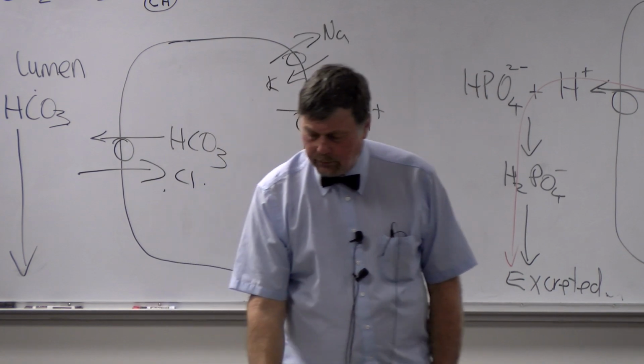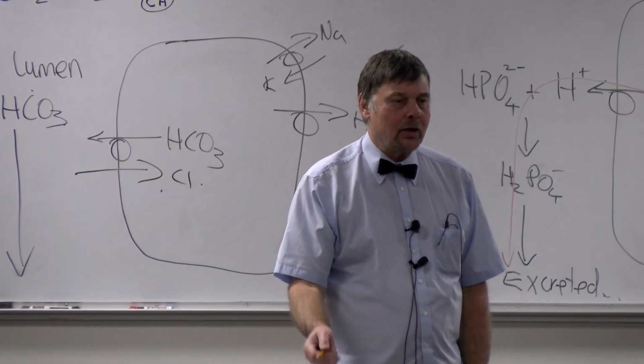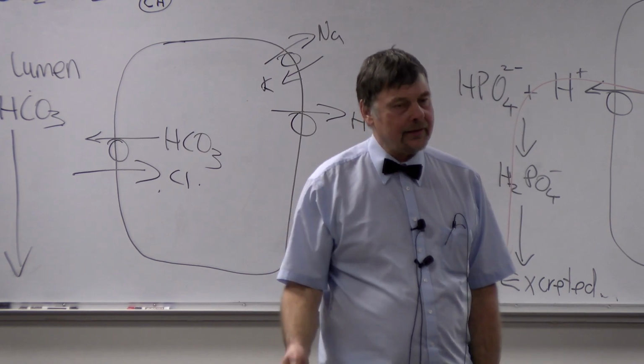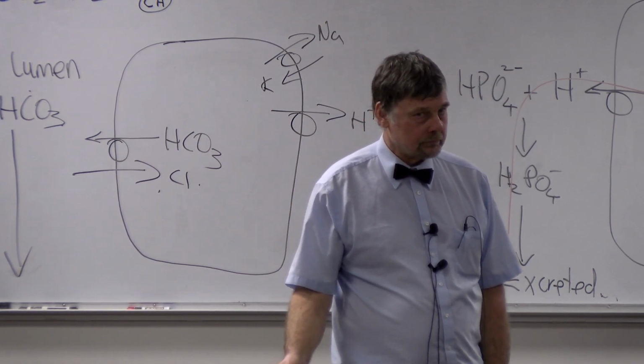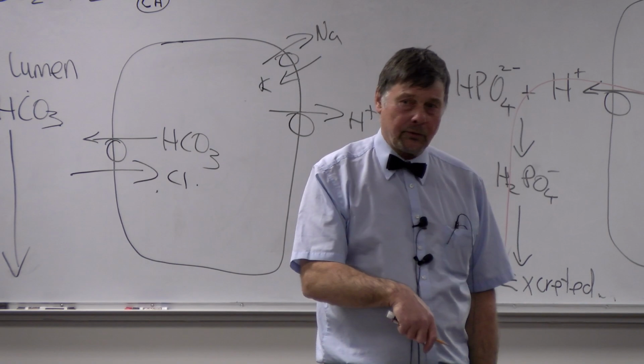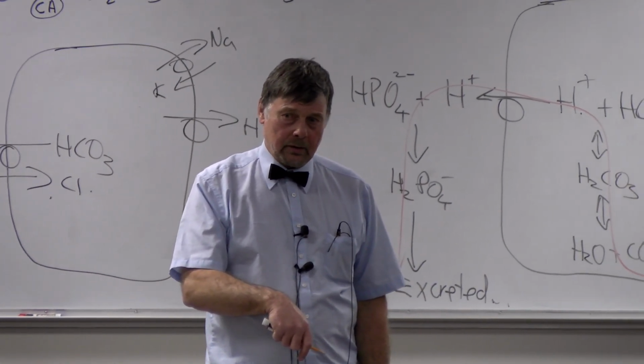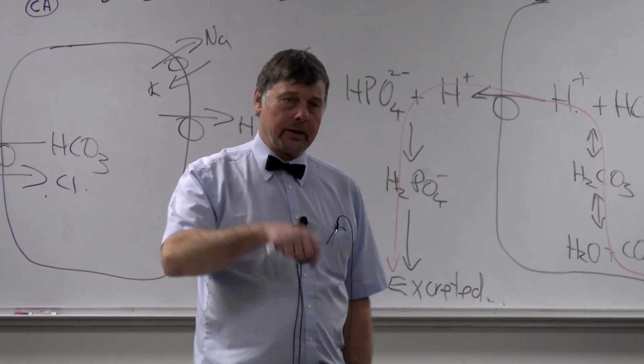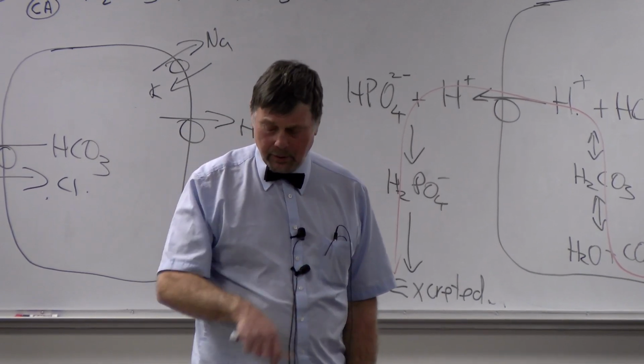But in order to get rid of the acid, we need to trap it, in this case, with ammonia. Before we trapped it with phosphate, and now we're going to go through a mechanism where you can trap it with ammonia.